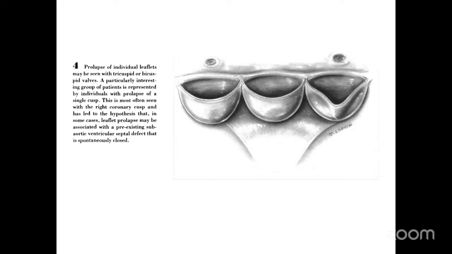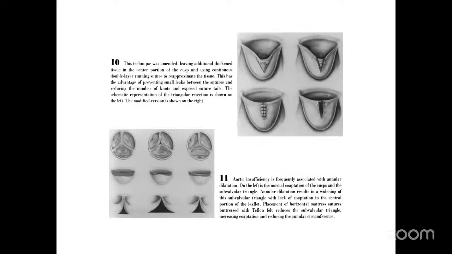Here we have prolapse of individual leaflets, which may be seen with tricuspid or bicuspid valves. Of particular interest is a group of patients represented by individuals with a prolapse of single cusps. How could this be solved?